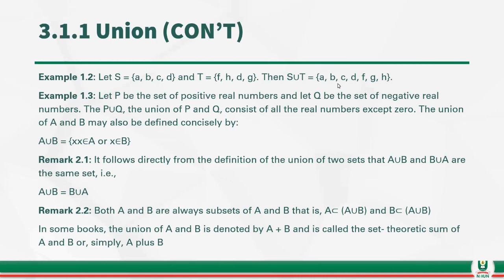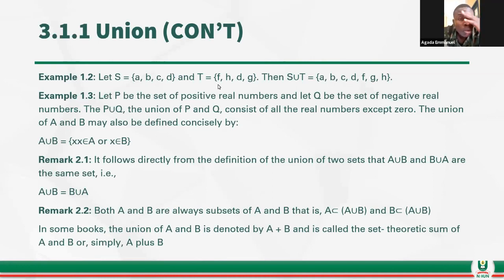So that is exactly what it means: no letter is repeated. There are 4 letters and there are 4 letters, so you're expecting 8 letters. But because D is repeated, you have to use only one. So when you say S union T, this is what it means.